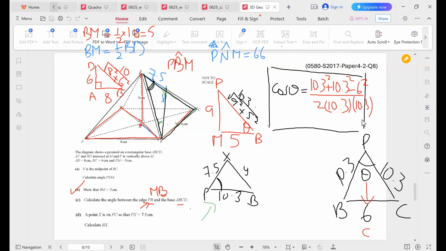So 10.3 squared plus 10.3 squared minus 6 squared. This gives us 176.18. So let's rewrite. Cosine theta is equal to 176.18 divided by 2 multiplied by 10.3 multiplied again by 10.3. So you have 212.18.